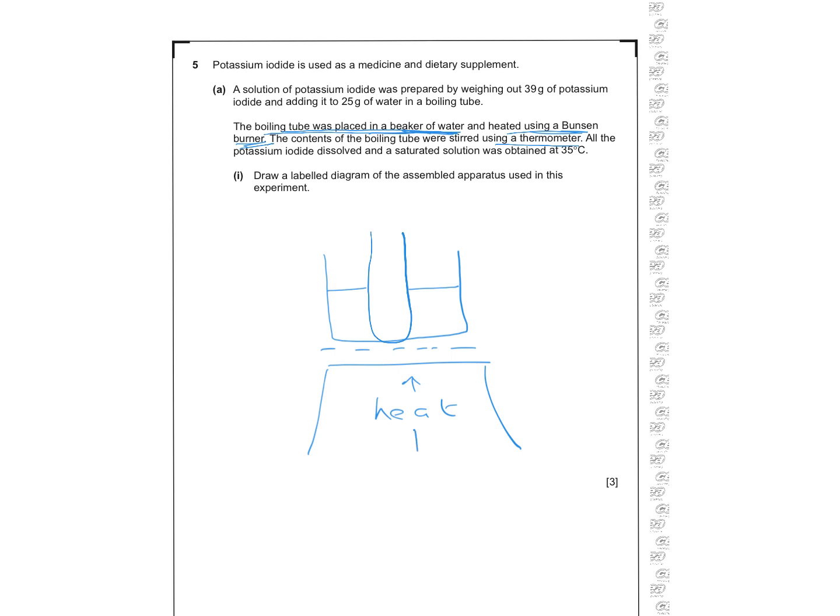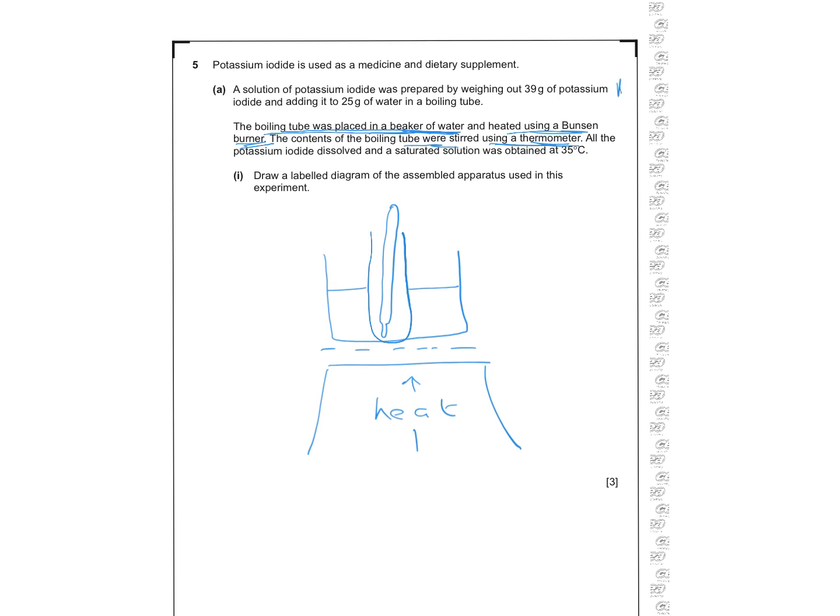And then the last thing is that the boiling tube contents were stirred with a thermometer. So I need a thermometer in here. Okay, it doesn't have to be too fancy. Now, still not finished. A couple of things I need to do.